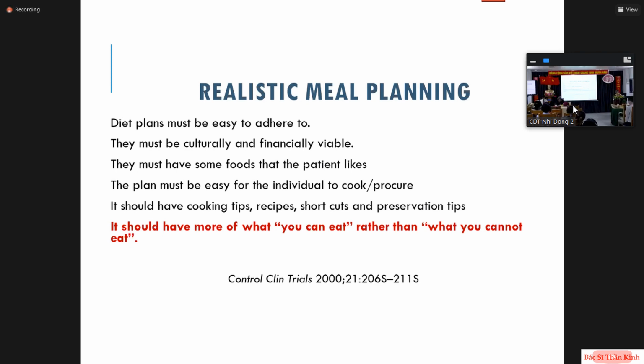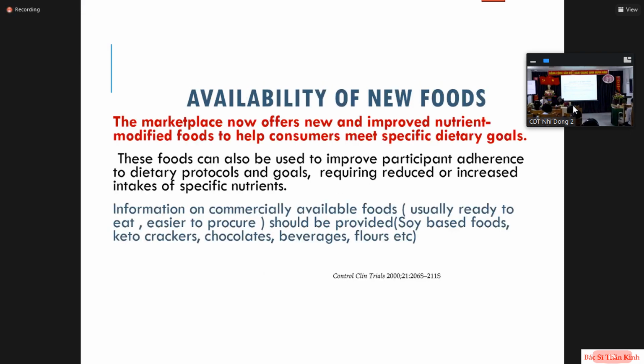It should be culturally and financially viable. It should have at least some foods that the patients like. The plan should be easy not only for the patient to eat, but also for the individual or the caregiver to cook and procure. And we should definitely give lots of cooking tips, recipes, and some shortcut methods to save on time. So it should have more of what you can eat rather than what you cannot eat, and that has a lot of psychological benefit for the caregivers as well.